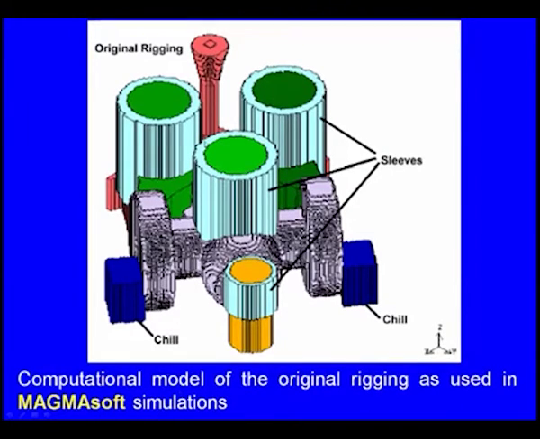You can see these are all the sleeves, where sleeves are used, and here we are placing the chills, and this is the pouring cup and this is the sprue. It will successfully predict the design of the razor in different cases: when sleeves are used, when sleeves are not used, when chills are there, when chills are not there.